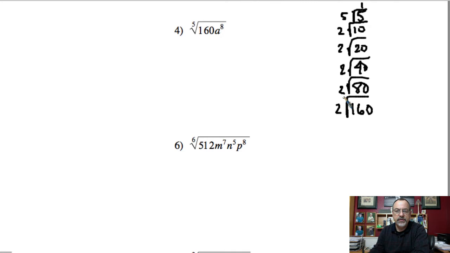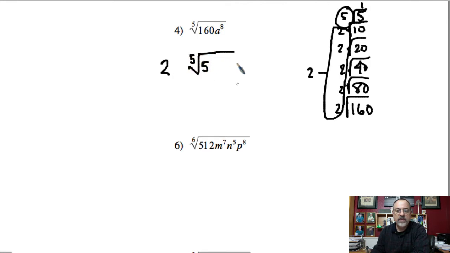So I have 1, 2, 3, 4. So these 5 2's are going to simplify to a single 2. And then I have a 5 prime factor left over. So the 2 is going to be able to come outside, and then I'm still going to have the fifth root of 5 underneath because I only have one 5.